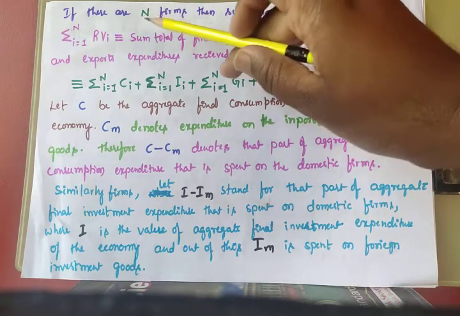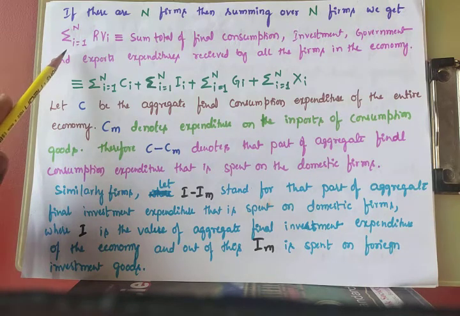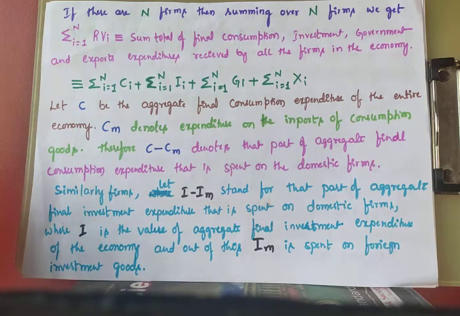Here, imagine there are a number of firms, because in a country we cannot see only one firm, but many firms producing goods and services. That's why we imagine sigma from I equals 1 up to n. Here sigma is summation, I is the firm, from 1 to n. N means the number of firms; there is no fixed number like 100, 200, 300 or 1000.